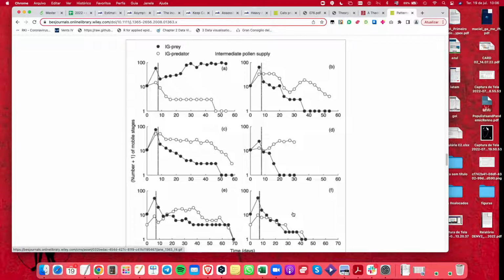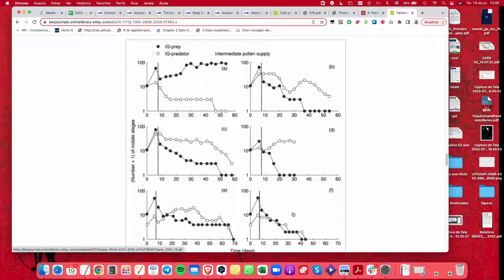Same thing here at C, and at D they stopped at 30 because they know the predator will have to decay, right? And here again, mutual elimination.